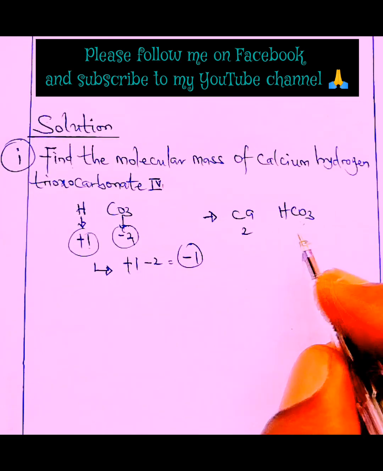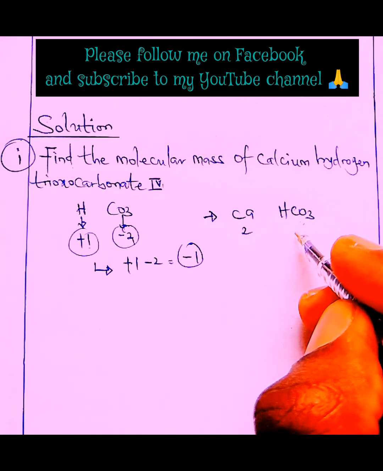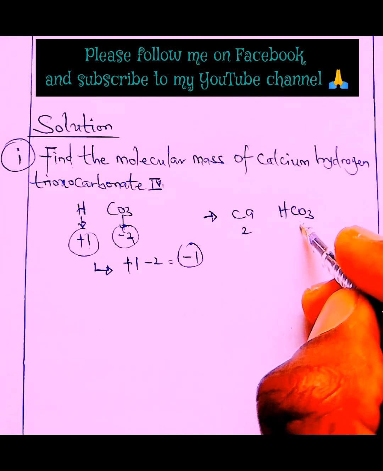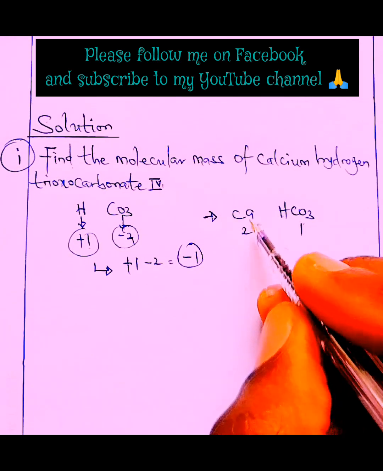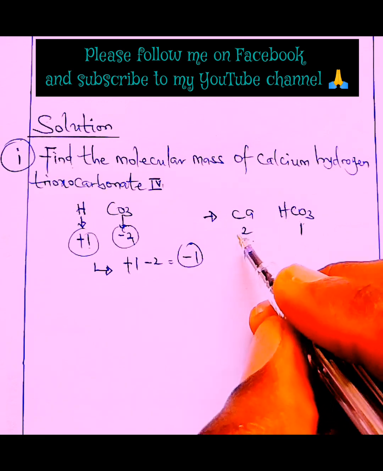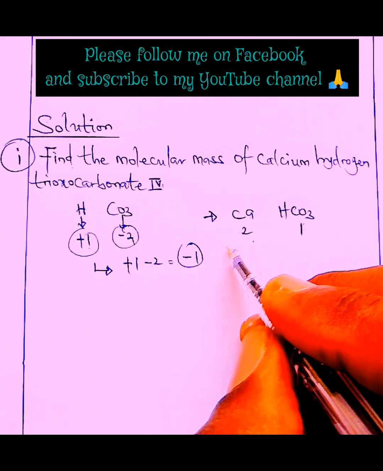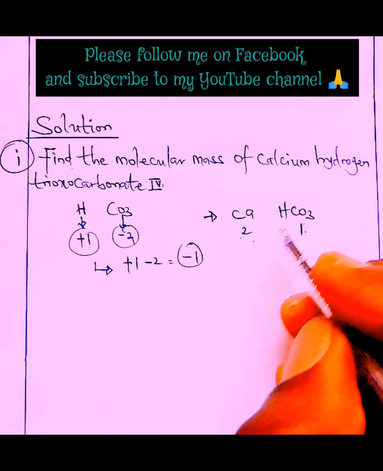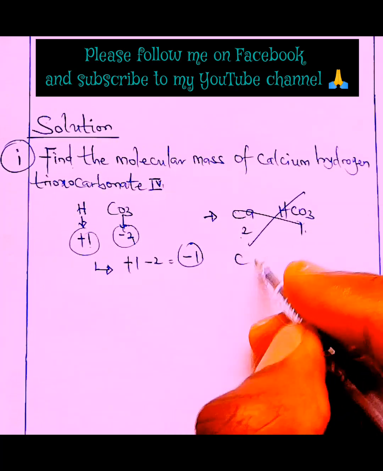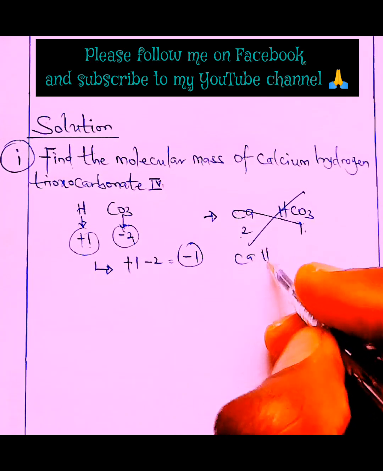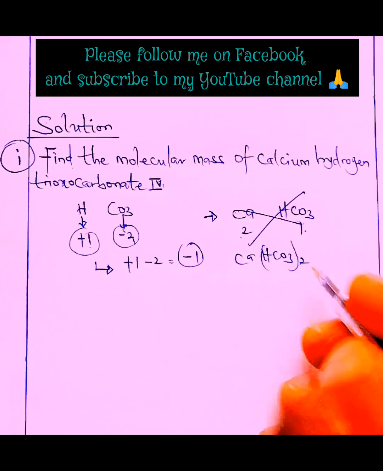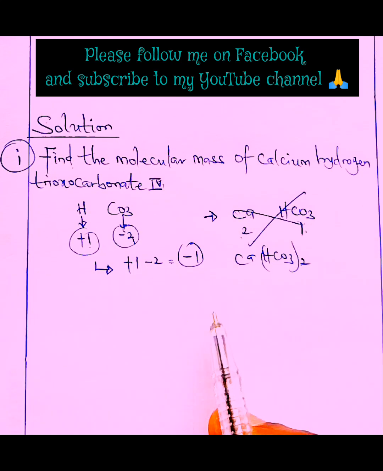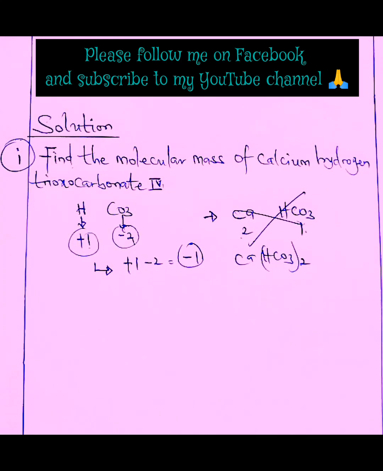So HCO3 here has a valency of just ordinary 1. So Ca, which is calcium, oxidation number +2, valency 2, and HCO3 is 1. We cross multiply, we end up with Ca(HCO3)2, with HCO3 in bracket like this. So this is calcium hydrogen trioxocarbonate IV.